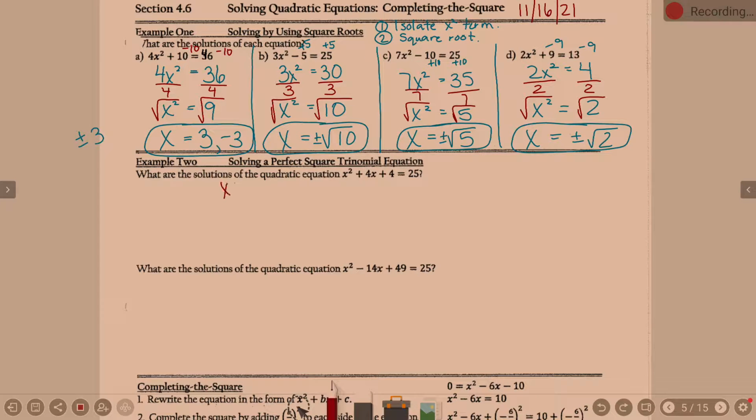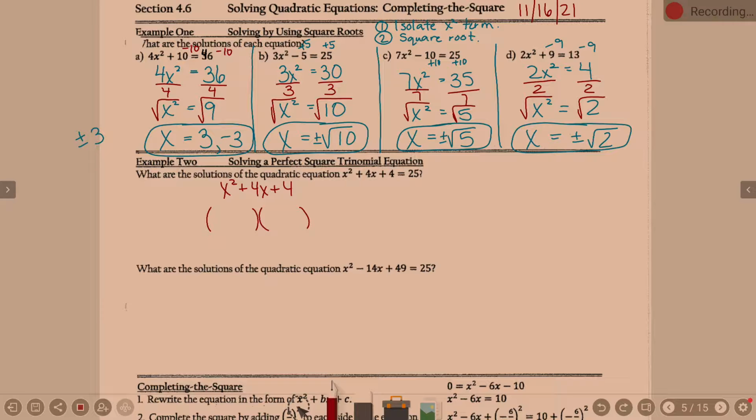Let's look at just the left side. Can you factor x squared plus 4x plus 4? Yes, it looks like a good setup to factor into two parentheses.